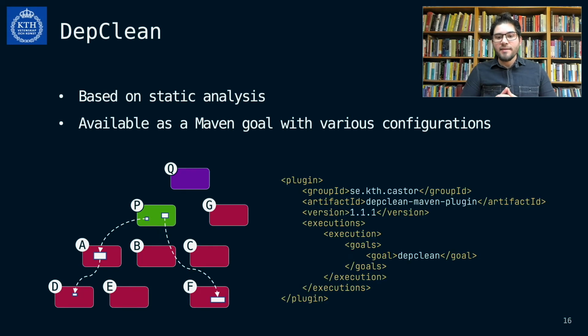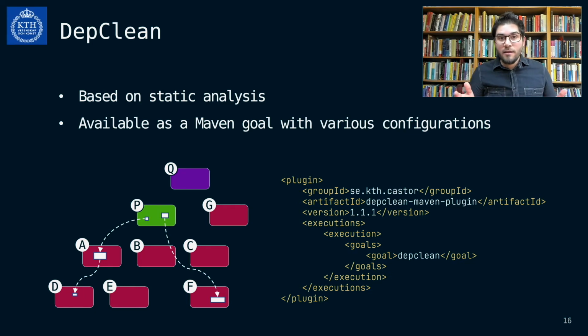This means that it can be easily added to any continuous integration pipeline. It also provides several configurations, for example, to break the build if it detects any bloated dependency. This way, developers can protect their projects from the arrival of new bloated dependencies.